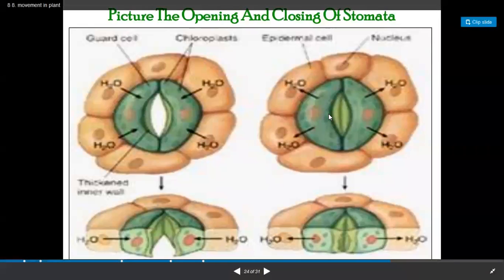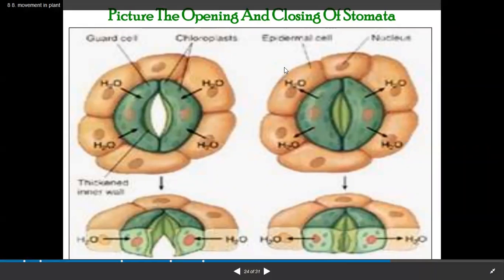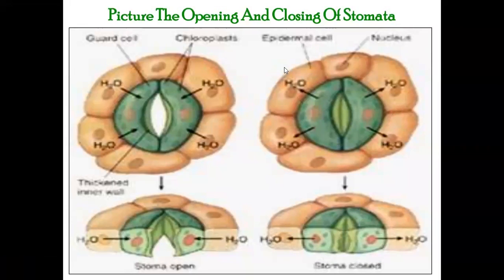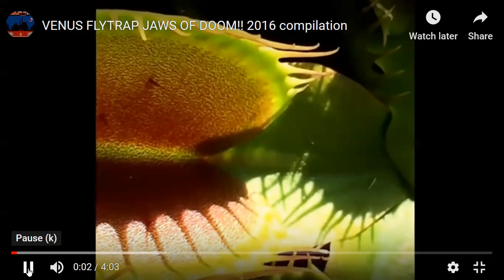The Venus flytrap catches insects. This is also a movement.